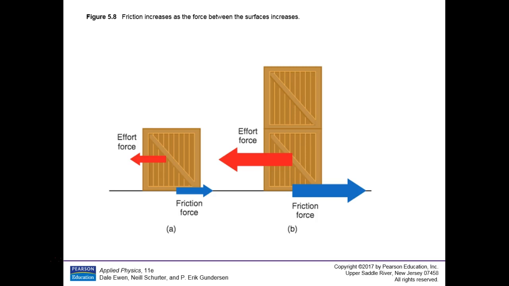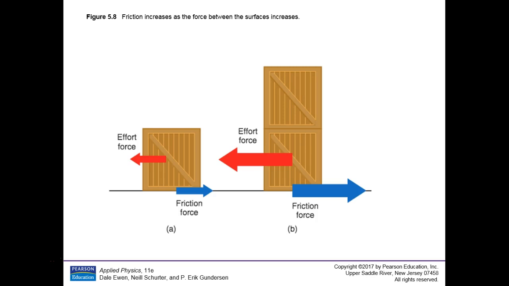Now, there's another form of friction, and that's called kinetic friction. And the word kinetic means motion. Have y'all ever heard of kinesiology? The science of motion, of moving, okay? Now, let's take this table, for instance, okay?